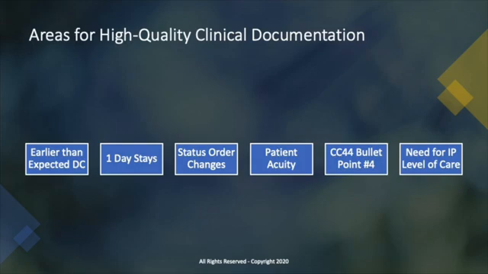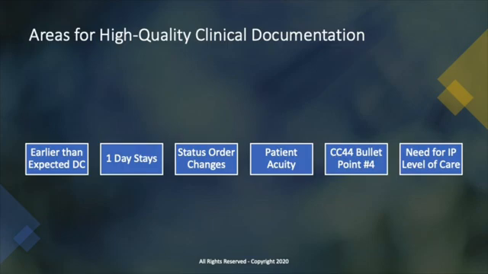Status order changes frequently do not have documentation to support why the status was changed from observation to inpatient. Auditors tend to look to see what was going on at the time that order was changed. Patient acuity is always important, and there must be sufficient documentation to support the medical necessity of an inpatient level of care.